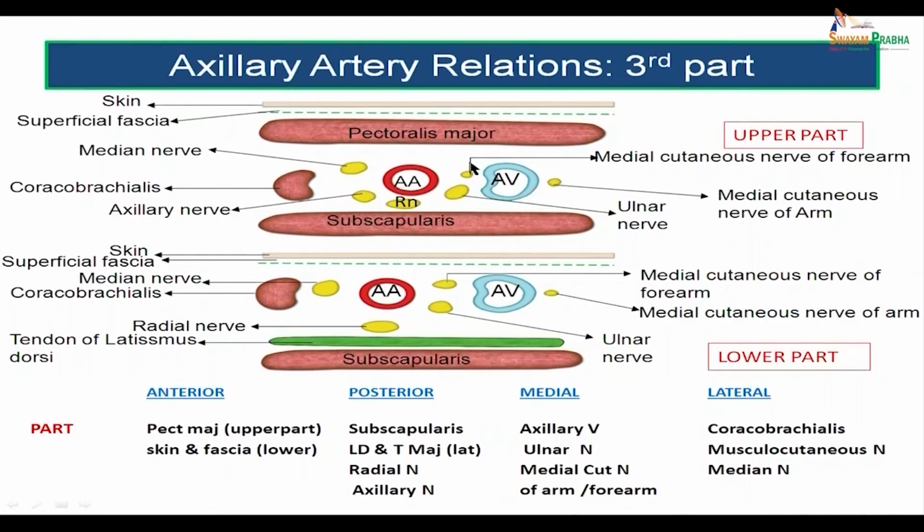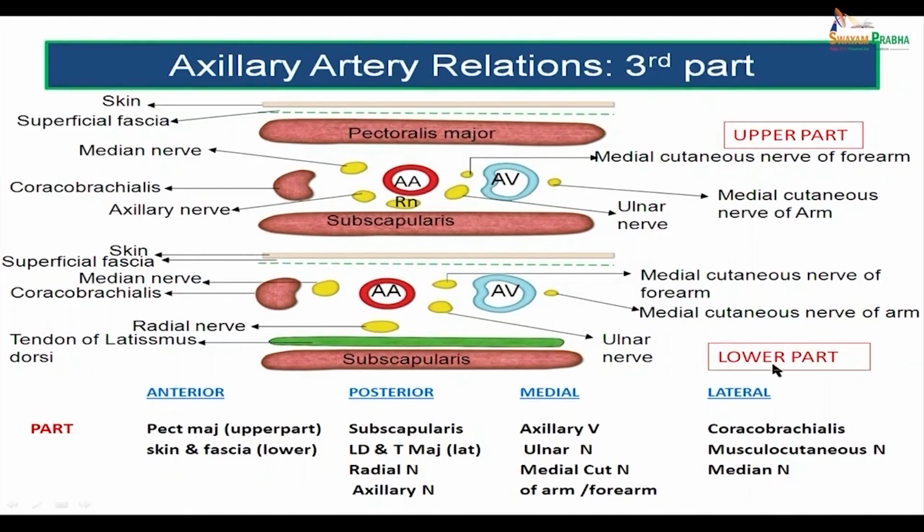Lateral to the axillary vein, first we have ulnar nerve a little posterior, and in front of the ulnar nerve we have the medial cutaneous nerve of forearm. Now, coming to the lateral relations, we have the median nerve and the axillary nerve, and further laterally we have the muscle coracobrachialis.